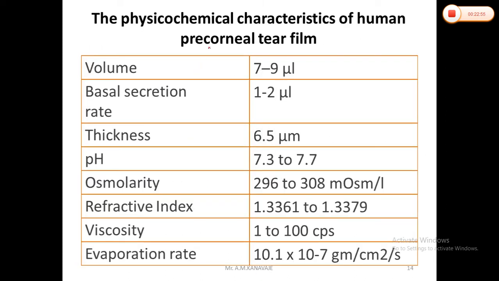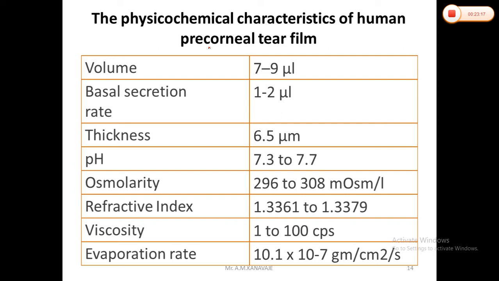These are the physiochemical characteristics of the human precorneal tear film: volume of 7 to 9 microliter, basal secretion rate 1 to 2 microliter, thickness 6.5 micron, pH 7.3 to 7.7, and osmolarity, which is important in all ophthalmic formulations.